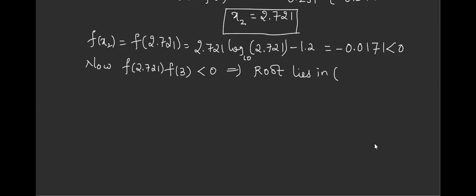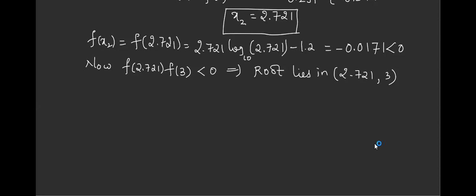See, root lies between this first point and this second point: 2.721, comma 3. So tell me, which is bigger, 2, comma 3 or 2.721, comma 3? 2, comma 3 is bigger. Now you are reducing the interval. Like this, if you go on applying, the interval reduces and you will get the answer.